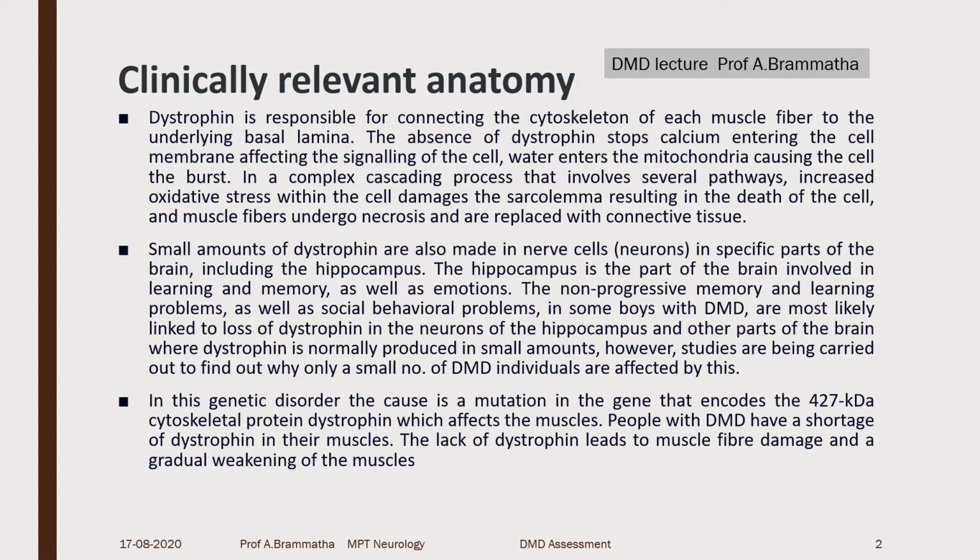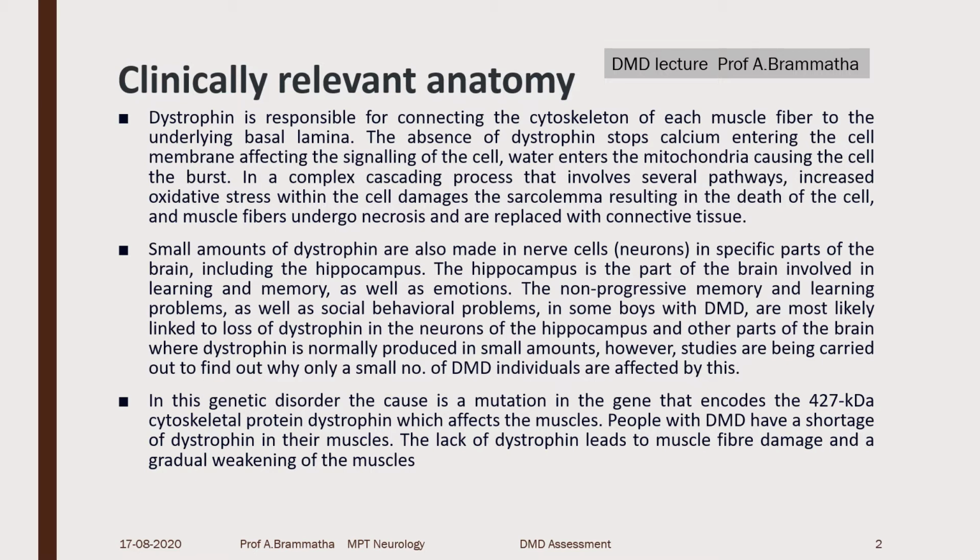Not only in the muscles, dystrophin is also made in certain parts of the neurons in the brain, especially in the hippocampus. So this hippocampus is involved with learning and memory, and maybe in the early stage we don't see changes in the cognitive aspects, but in late stages we do see some behavioral changes and cognitive problems could be seen.